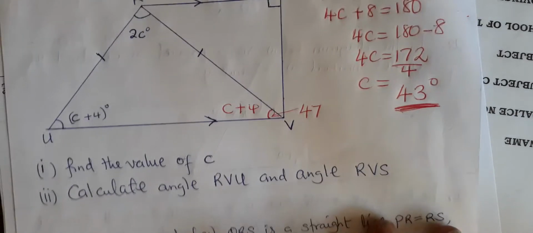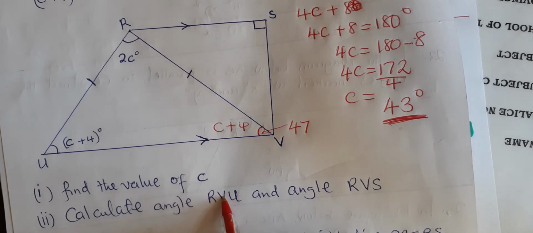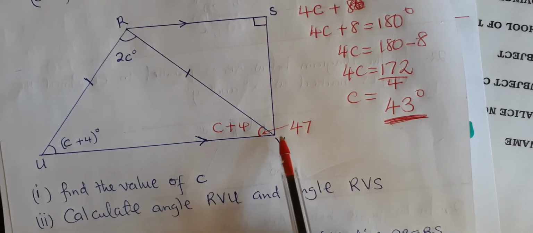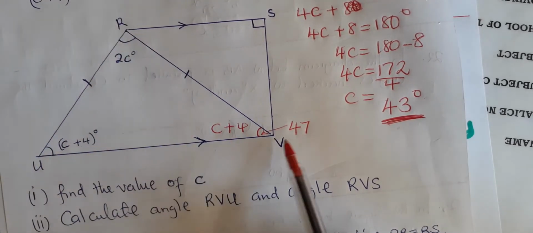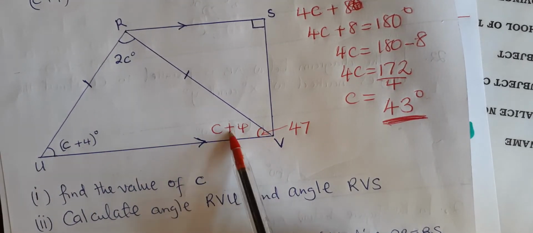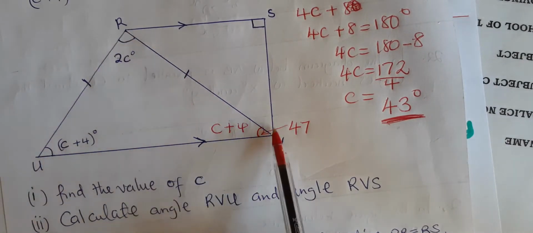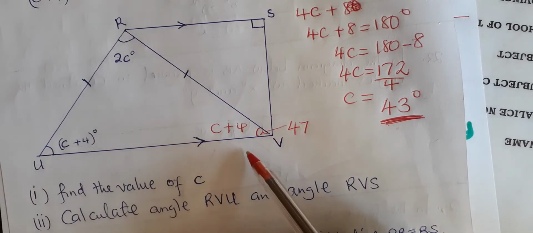What else do they want us to find? Angle RVU. We have found that it's 47. Angle RVU is this angle here.